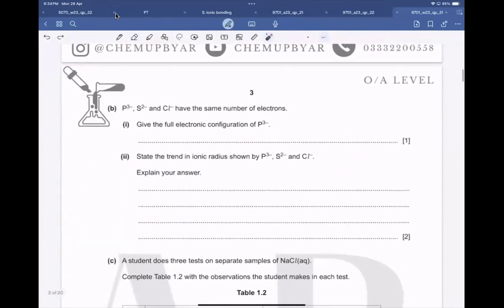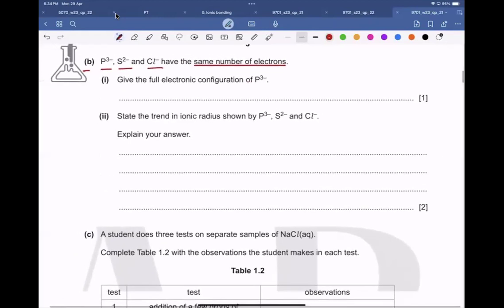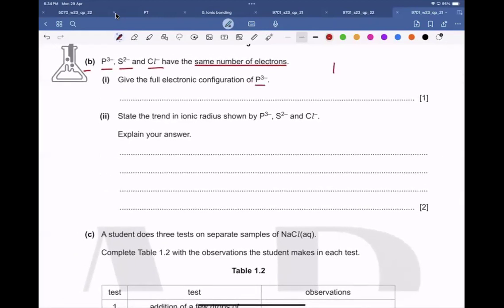Okay. Now, B part. Phosphide, sulfide, and chloride have the same number of electrons. Give the electronic configuration of phosphide. If you look at phosphide 3 minus, in a phosphorus atom there are 15 electrons and it's a 3 negative charge ion, which means it has 18 electrons.